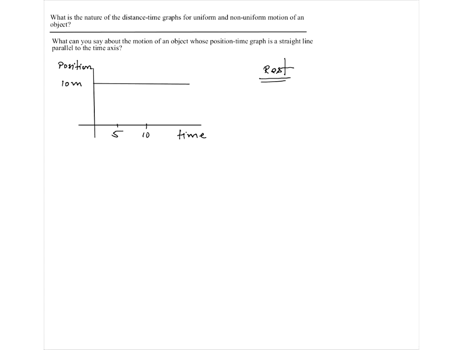That's what I would have liked. So your position is 10 meters at 5 seconds, 10 meters at 10 seconds, 10 meters at 15 seconds. So where are you having velocity? You are having zero velocity. You are not moving at all. Rest.